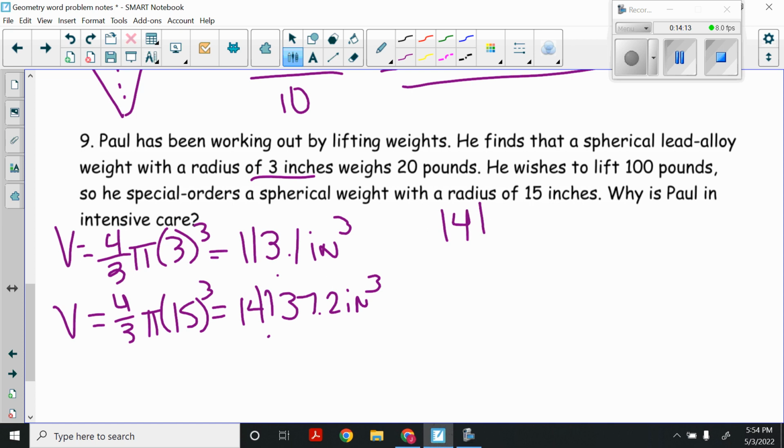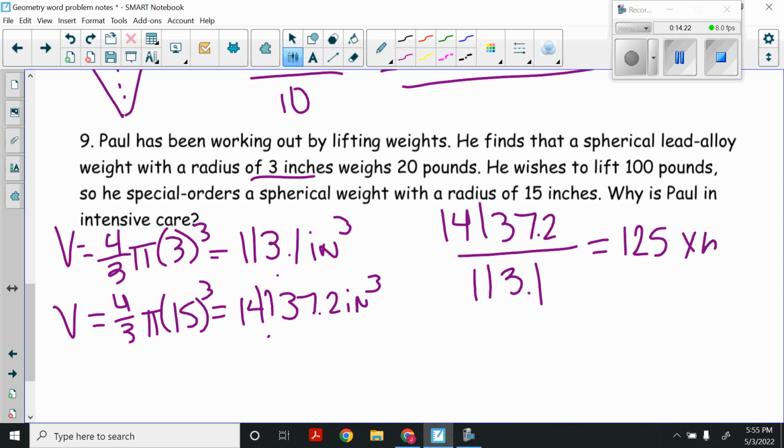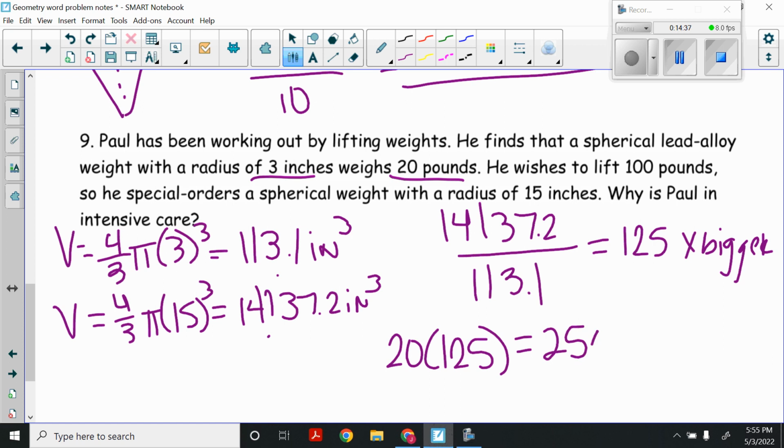So 14,137.2 divided by 113.1 gets me 125 times bigger. So the one he ordered is 125 times bigger. If the first one was 20 pounds, and the next one is 125 times bigger than that, so 20 times 125, the one that he ordered weighs 2,500 pounds that he's trying to lift. So that's why he is in intensive care.